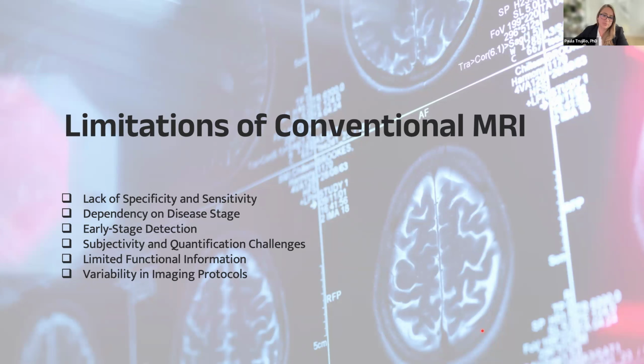MRI primarily provides structural information about the brain, but it might not capture the functional aspects of the disease, which are equally important for diagnosis and also understanding the disease impact. And finally, different imaging centers might use different MRI protocols, and this can lead to variations in image quality and interpretation.